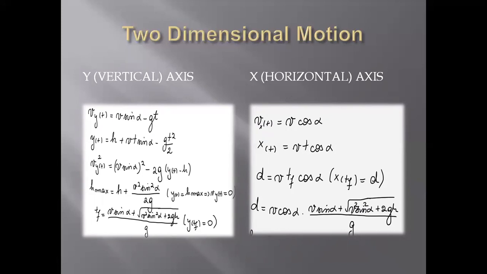We can replace tf using that previous equation and obtain something similar for d. Note that this can be easily simplified if we consider that the body starts from the origin, so h will be 0, and we are left with a square under the square root.